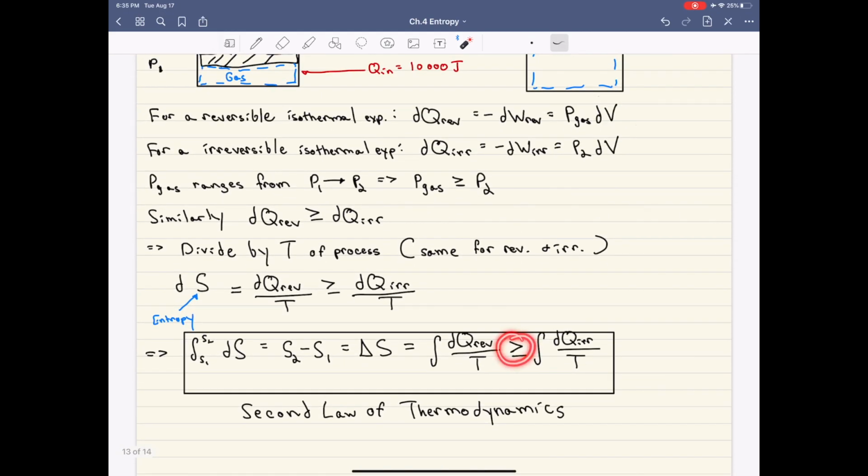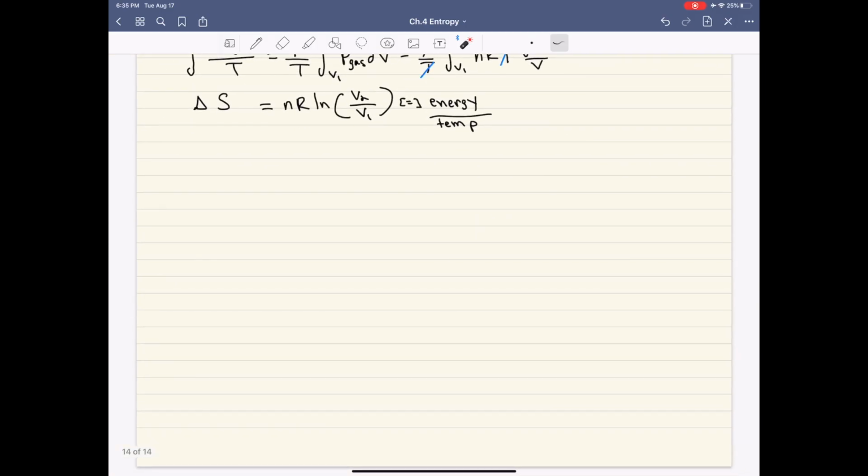If we go back here, we also see that on the right-hand side of the equation we have this weird inequality that we're dealing with, right? And so what we could do, rather than dealing with an inequality sign, we could rewrite the second law in this way.